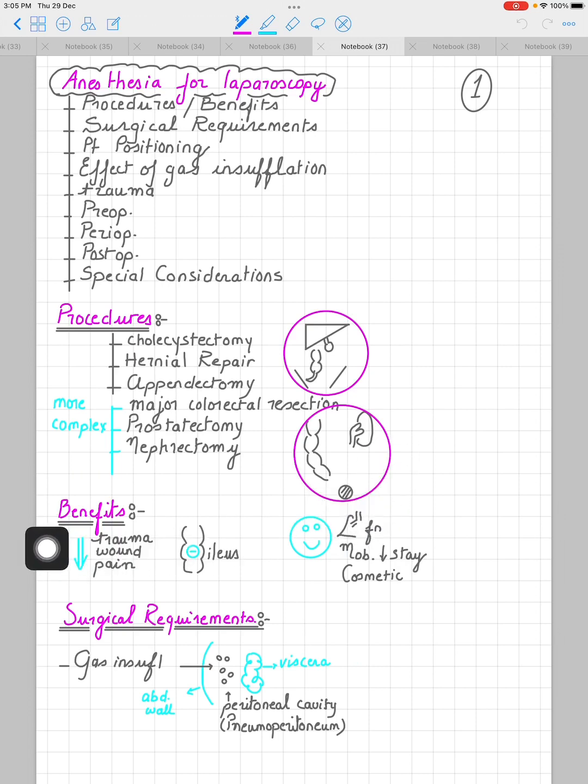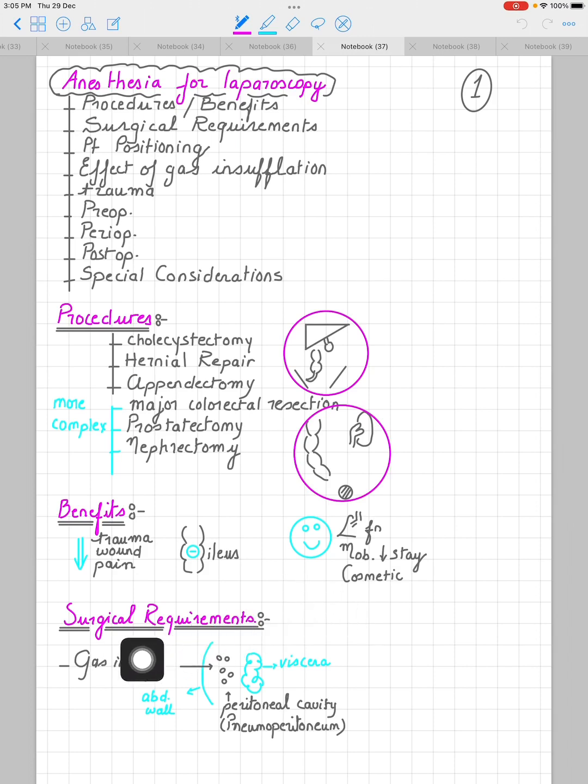The benefits of laparoscopy over laparotomy include reduced tissue trauma, wound size, and postoperative pain, improved postoperative respiratory function, reduced postoperative ileus, earlier mobilization and shorter hospital stay, and improved cosmetic results.